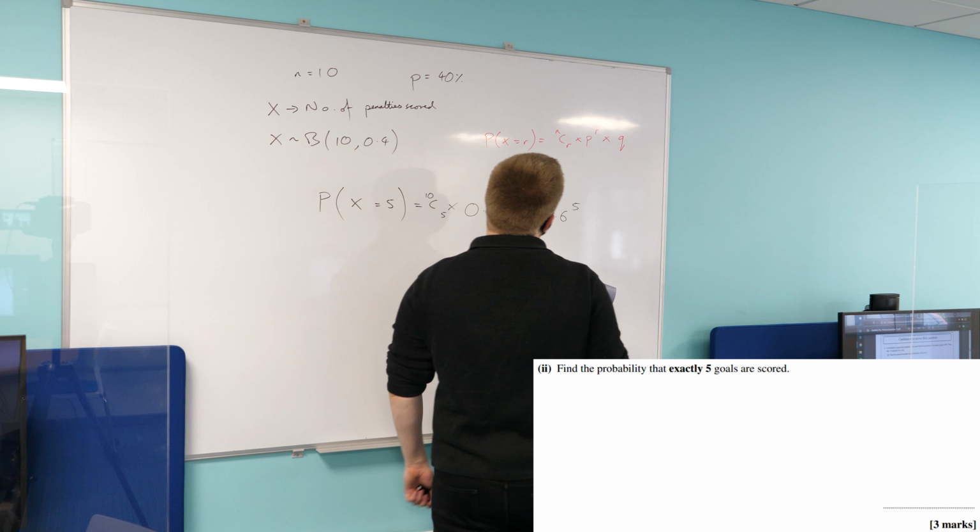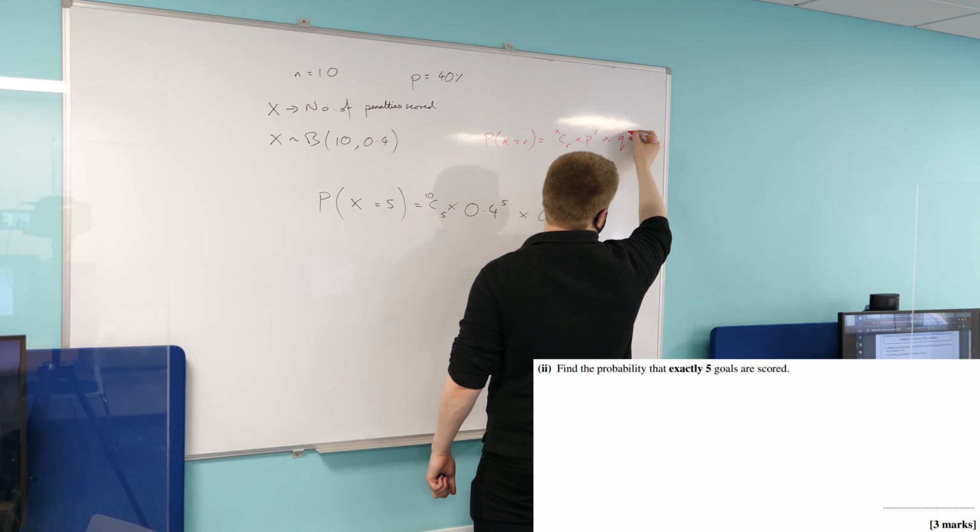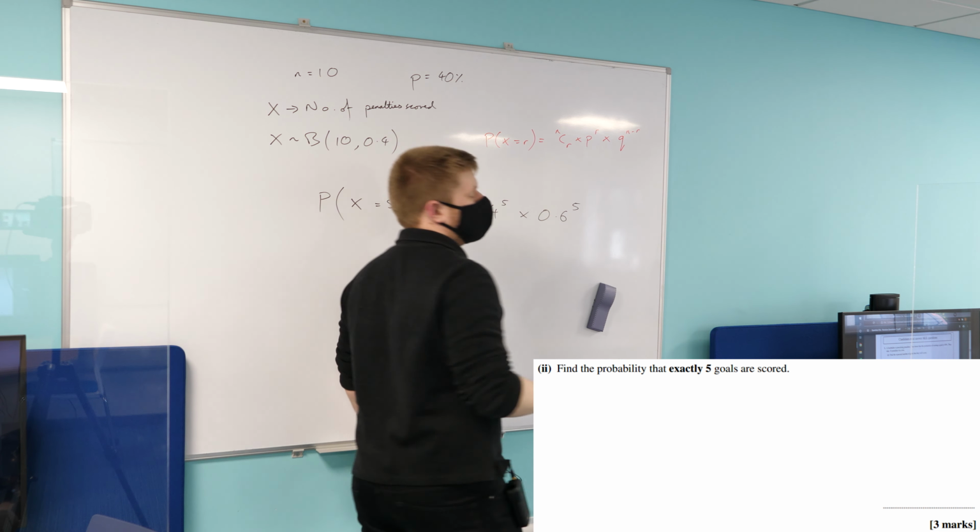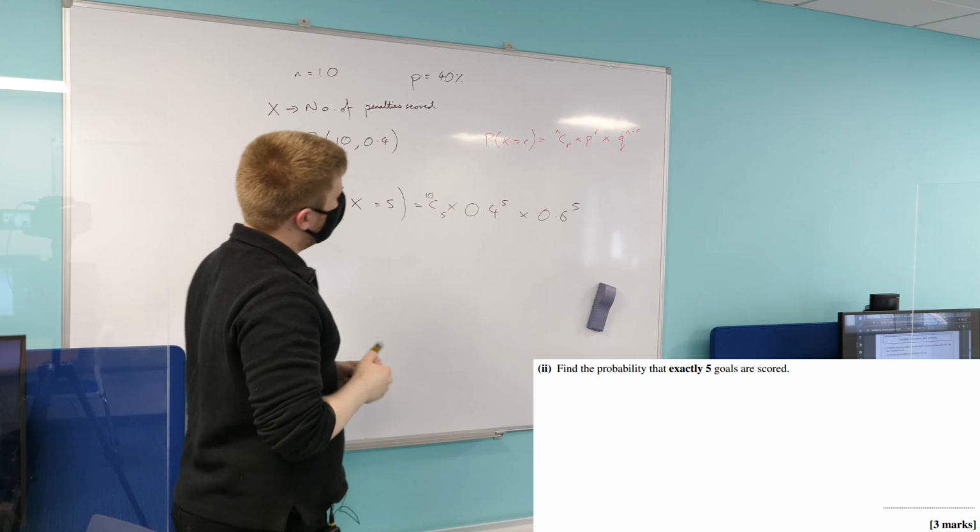So for a binomial distribution, the probability that x is equal to some particular value will just be the number of trials, choose the number of successes that you want from that, multiplied by the probability of success to the power of r, times by the probability of failure, which I'm going to call q, to the power of however many failures are left over, so n minus r. But that's in the formula sheet, so if you weren't sure about that in the exam or whatever, that's there. So there it is.